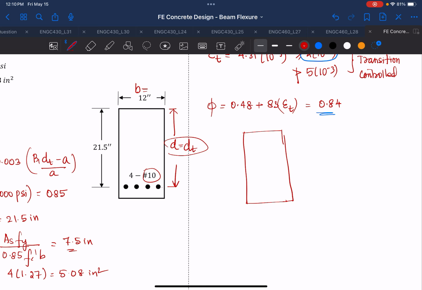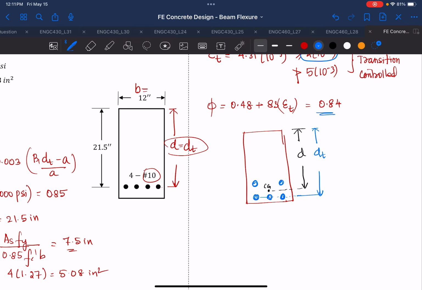If you have a beam, and let's say that in a beam you provided 2 layers of steel, then the CG of the steel will be over here, and this will be your d, and then the dt will be the CG of the extreme bottom layer of your steel, and this is your dt. Okay, so that's the difference between d and dt.